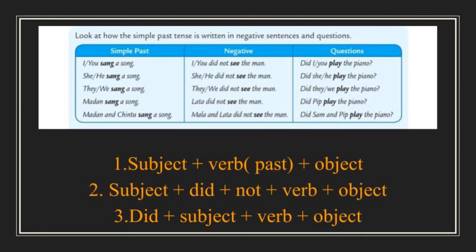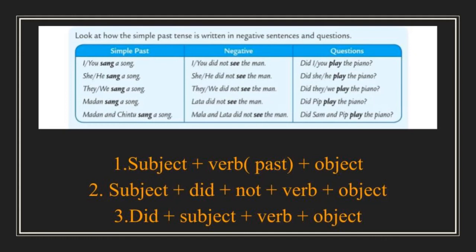And the last one is interrogative, that means questions. In present tense we used do or does at the beginning of the sentence, but in the past tense we should follow just one verb, that is did. Just look here, the rule is did plus subject plus verb plus object. Did you play the piano?